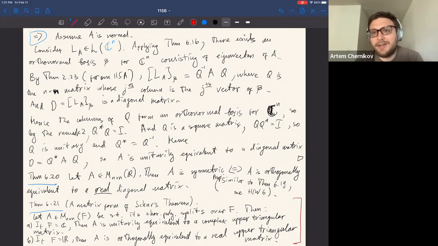Intuitively, what we're getting here is that in the case of when the characteristic polynomial splits, unitarily equivalent, you can think about it as a base change, where you change from one orthonormal base to another orthonormal base. In the same sense as we had for similarity, which corresponded to base change. So here we can think about base change and remember unitary or orthogonality.